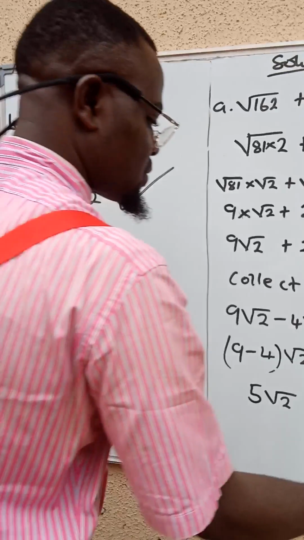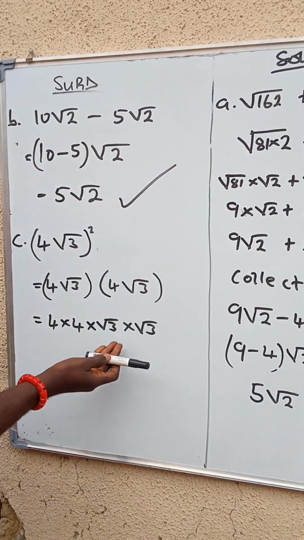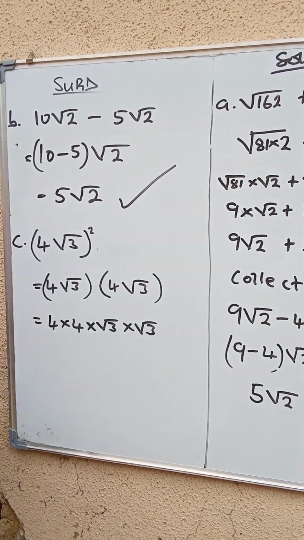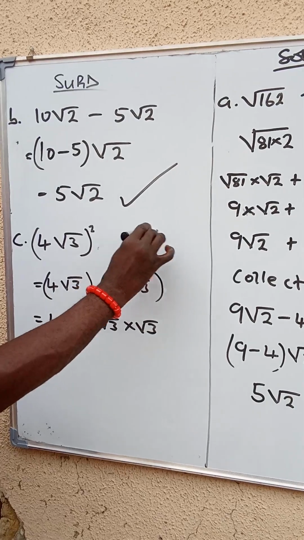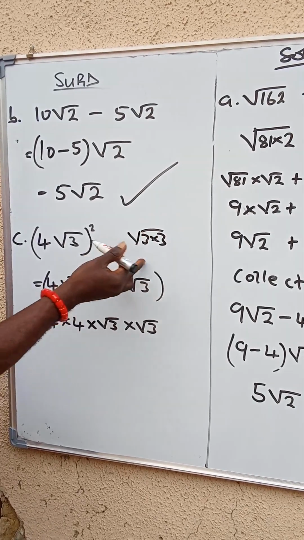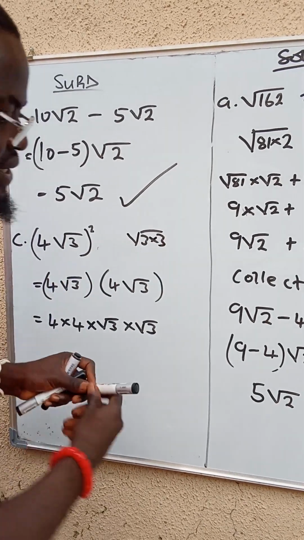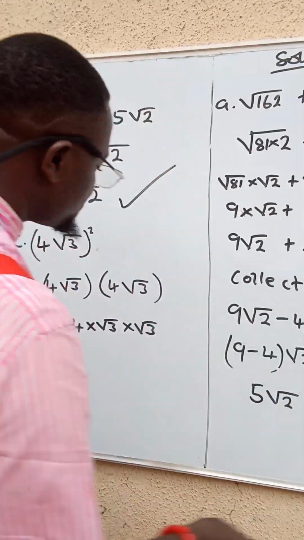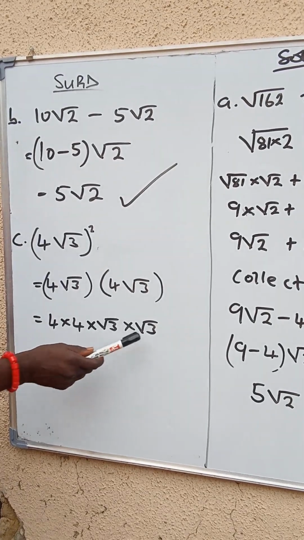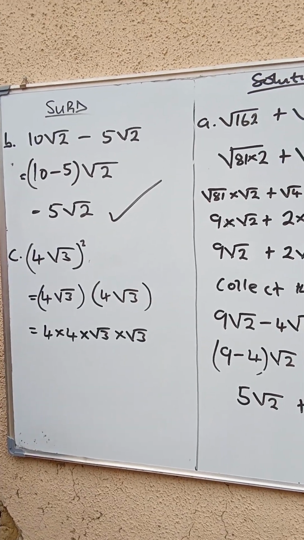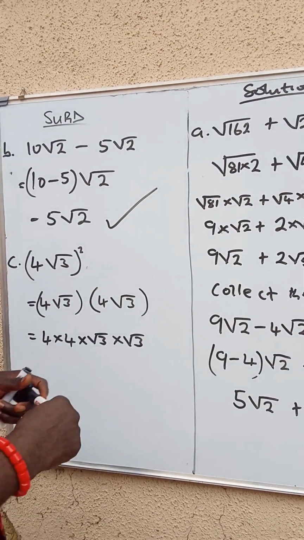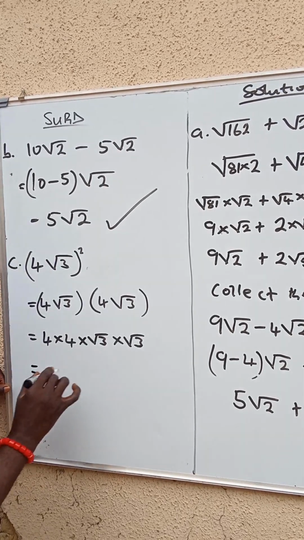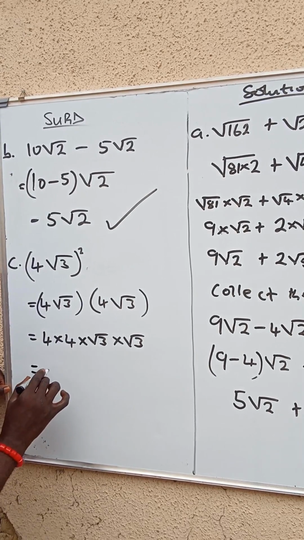I told you as we are progressing, other ones will be coming out. So no need for me to put these two into the root, because normally root 3 times root 3 is the same thing as 3 times 3 in the same surd. But since we know, and I have to keep telling you so that you can be used to it, if you're having two surds multiplying each other, it is the same thing as putting one of them. Which is 4 times 4 is 16.